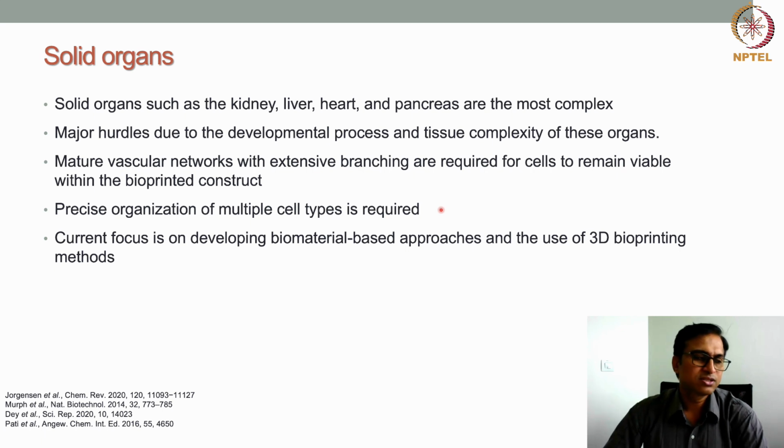So the current focus of the bioprinting community is to develop biomaterial based approaches, and also to use the different 3D bioprinting methods to come up with these different solid organs.